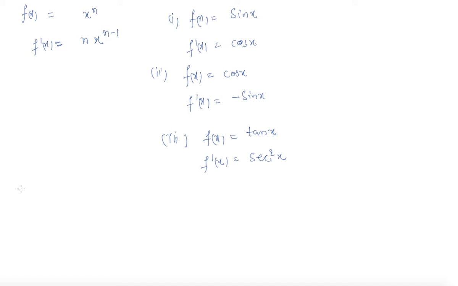Now let us discuss the derivative of composite functions. Let's say the function is given to us as (2x plus 1) whole cube. To find the derivative, d by dx of f x is equal to d by dx of (2x plus 1) whole cube.